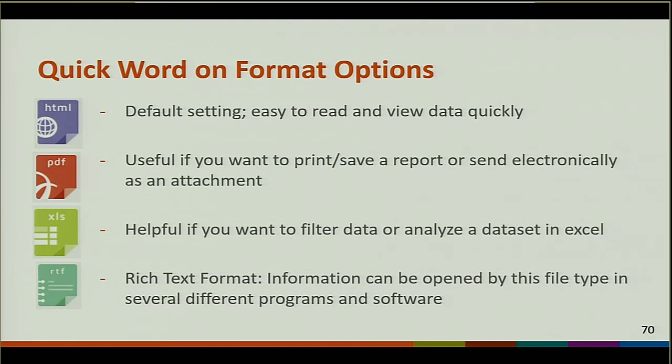As I said, default setting is HTML, and this is because it's easy to read and view data quickly. However, if you want to print, save a report, or send it electronically as an attachment, a PDF file type is useful. An XLS, or an Excel file, is helpful maybe if you want to filter or do some analysis of your data or manage some of your data in an Excel data sheet.